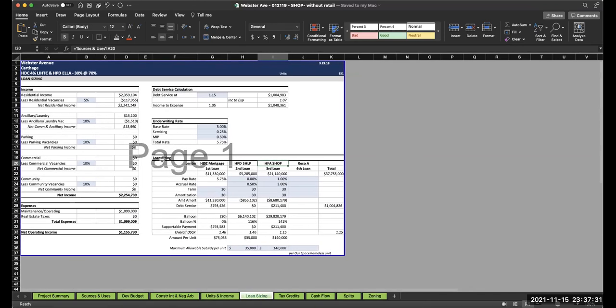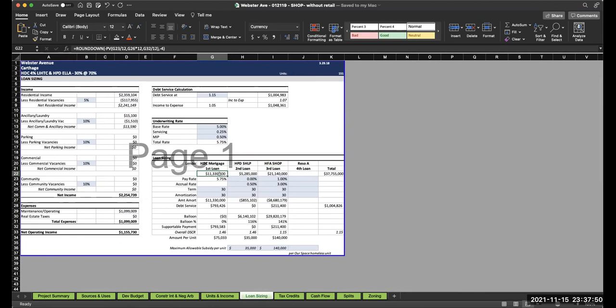On the loan sizing, we have the residential income, a little bit of extra income, which gives us a total of 2.2 million. The operating expenses are $1 million. That makes the NOI, net operating income, 1.1 million.